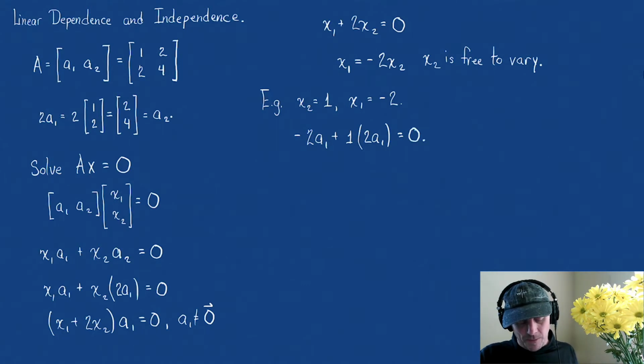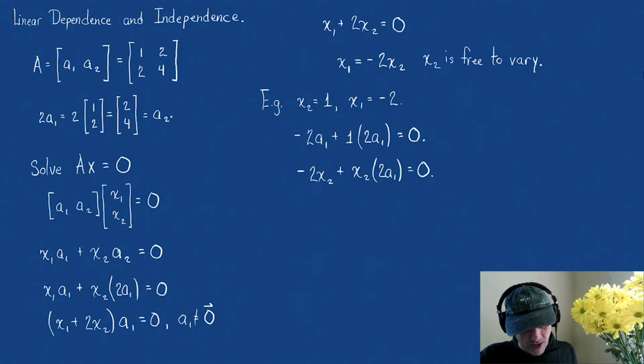Well, hold on a minute. What this says then also is that this is really the problem of minus 2 x2s, that's what x1 is, plus x2 times 2 times a1 is equal to 0, and that is always true.